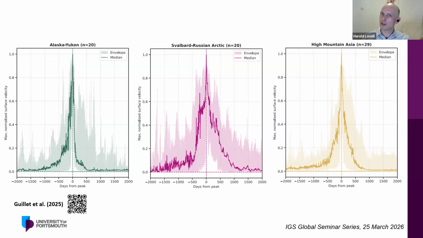And particularly, we don't have very much of that data from certain parts of the globe. So high mountain Asia, we have over half of the surge type glaciers, and yet very, very little knowledge of what goes on within those glacier systems. So we are data poor in some locations, and I think that would be a massive boost. Better measurements, better instrumentation in that part of the world.